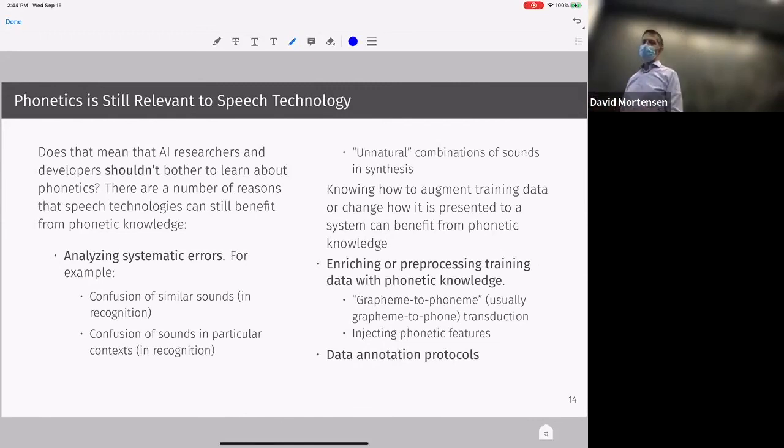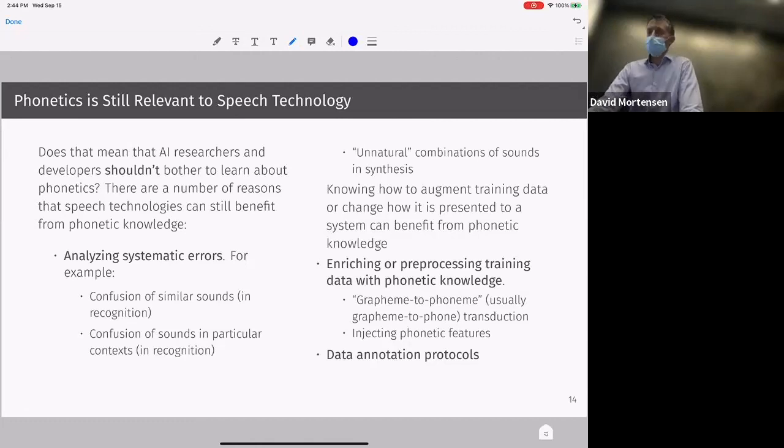But does that mean that AI researchers and developers shouldn't bother to learn about phonetics? Well, there are a number of reasons that speech technologies can still benefit from phonetic knowledge. And one of these is in analyzing systematic errors.